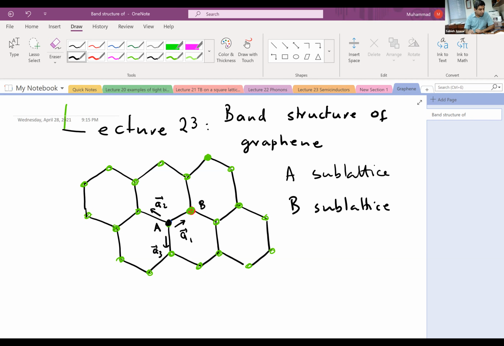Likewise, B is also separated out from neighboring A type of atoms by three vectors B1, B2, and B3. And if I define my axis in this fashion, there's an x-axis and there is a y-axis, then I can find out what these vectors are going to look like.